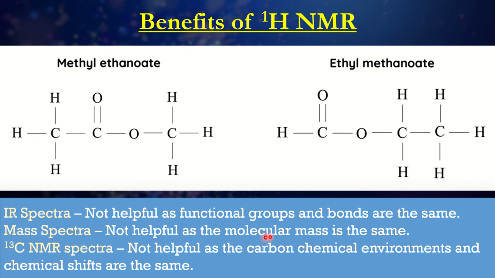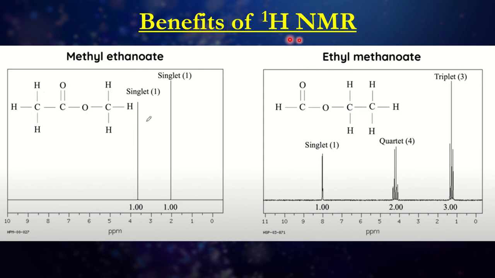We have mass spectra, but that wouldn't be useful either because it's the exact same structure, so the molecular mass would be the same. The carbon-13 spectra probably wouldn't help either because they have the exact same type of carbon environment. But if we use the proton analysis, we can actually see there are differences in terms of the environments here.